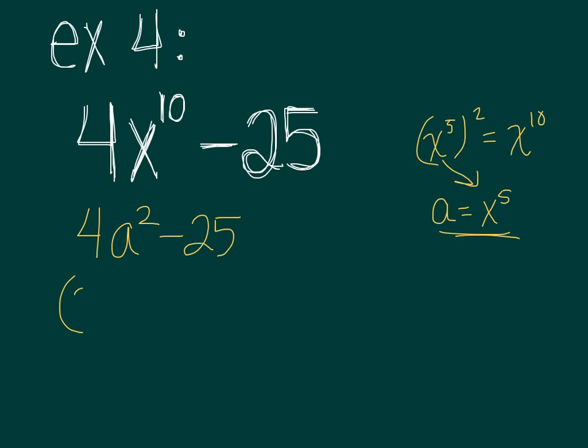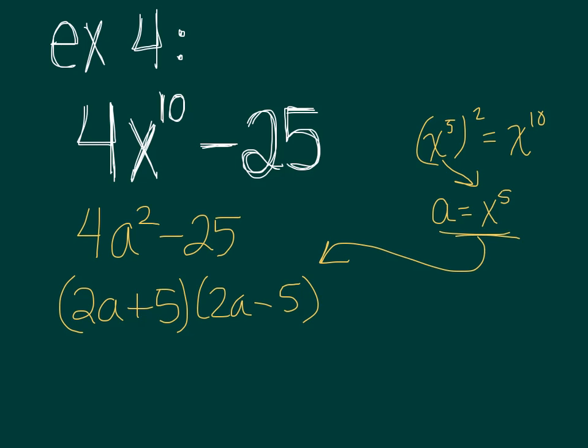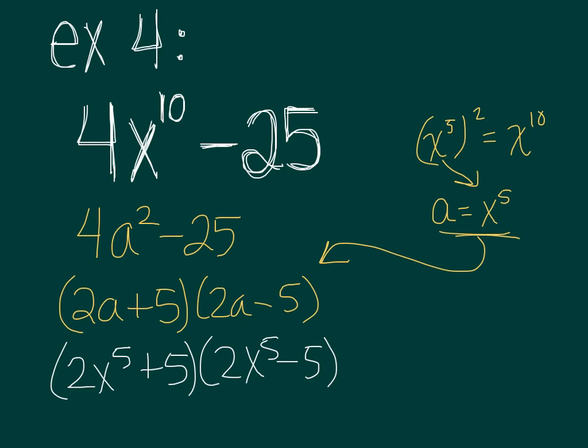You know difference of squares factors to 2a plus 5, 2a minus 5. And then I go and put my x back in. So I'll have 2x to the 5th plus 5 times 2x to the 5th minus 5. And you're going to leave it like that. We don't know how to factor degree 5.